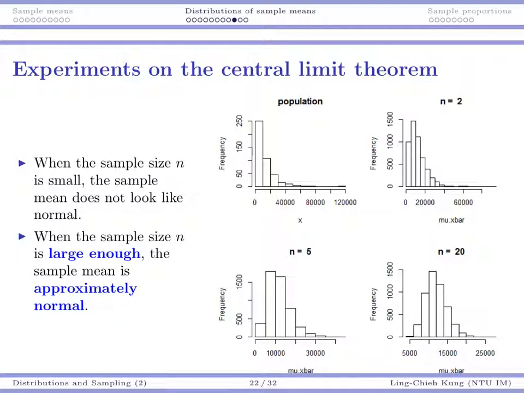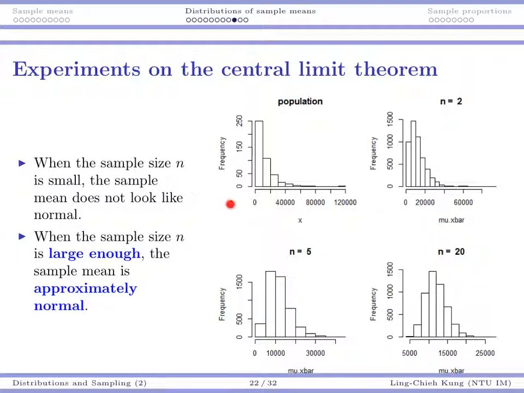And then let's do the experiment where each time I'm going to select n samples. I'm going to randomly collect n values from that around 440 values from my population. So for example, I may calculate the sample mean for a sample size of 2, sample size of 5, or sample size of 20.